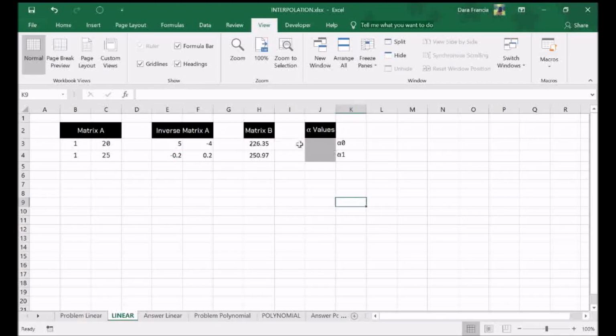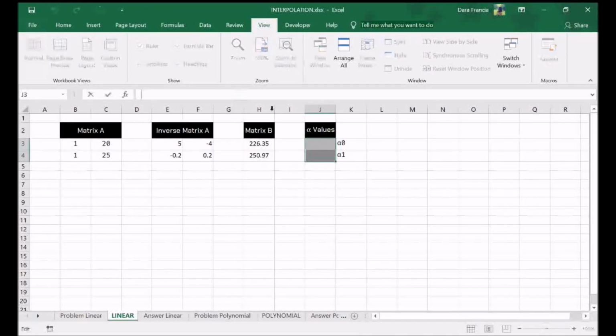Again, we will highlight the cells for the result. We can multiply them because the matrices are compatible, and both the inverse matrix A and matrix B have 2 columns, so we highlight 2 columns.